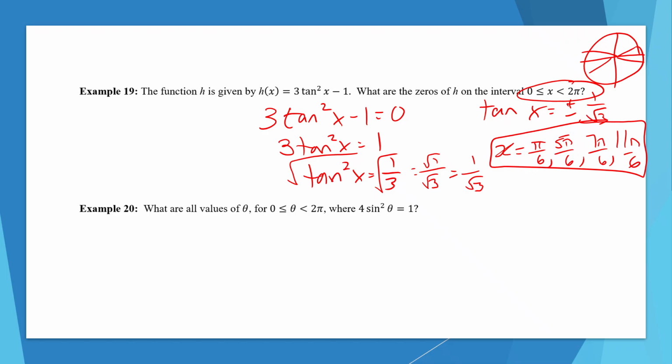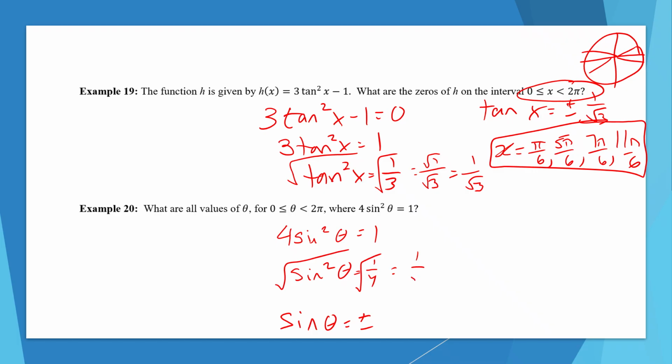All right, let's try this one here. We're just solving for theta, so 4 sine squared theta equals 1. I'm going to divide both sides by 4, so sine squared theta equals 1/4, and then take the square root of both sides to get sine theta equals plus or minus 1/2.